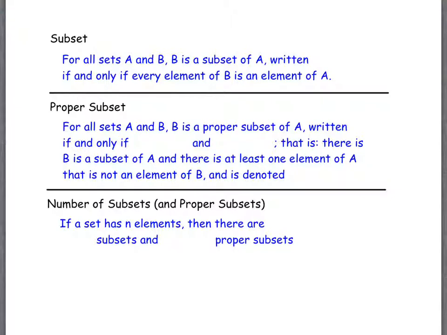All right, so a subset is simply a set inside of another set. So you have a set A and B is a subset of A. The way that is written is like this. And B is a subset of A if every element in B is an element in A. Okay?